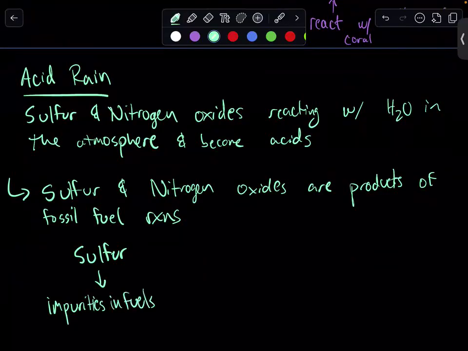So when we mine things like coal, we're going to end up mining a lot of sulfur as well, and that will be combusted and released into the atmosphere as sulfur dioxide or sulfur trioxide.